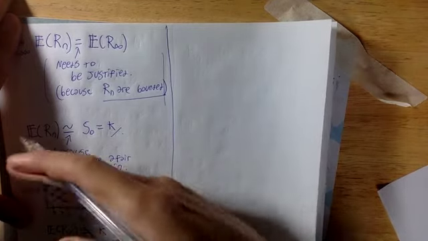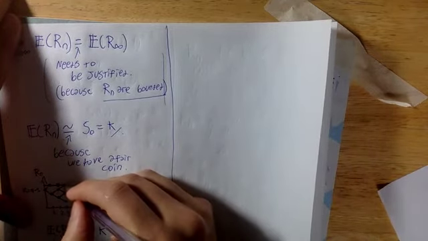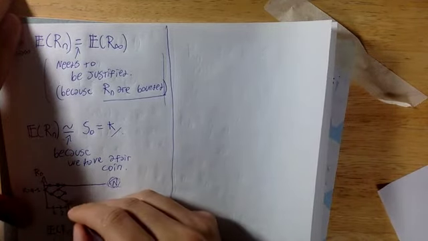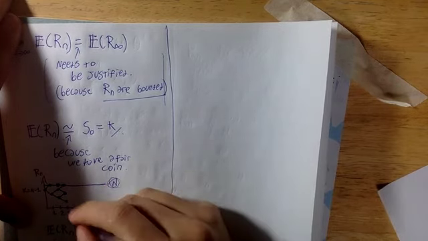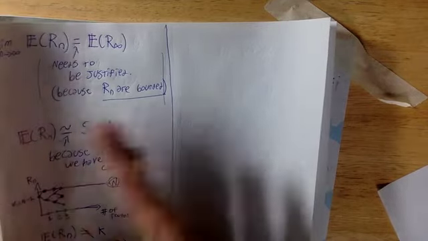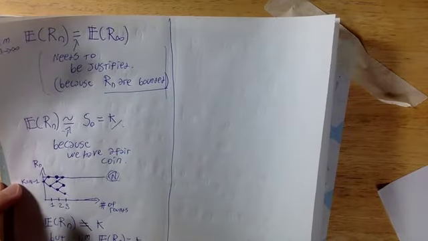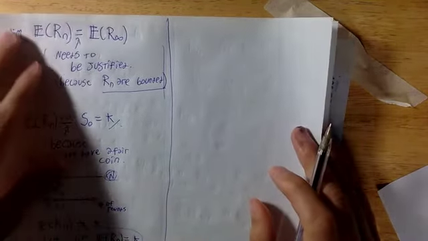Putting a ceiling here is creating an asymmetry, but you get the same symmetric behavior once you get to 0 here. So everything evens out, and we can show that the limit of E of Rn is equal to k.